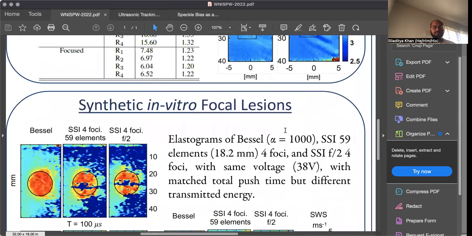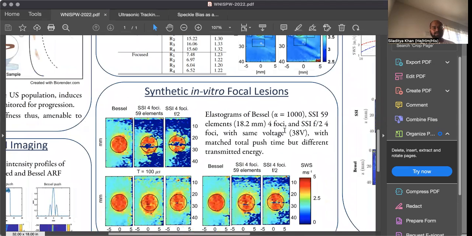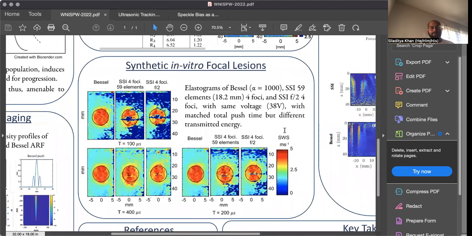We also performed experiments on in vitro focal lesions that have been generated by mismatched elastic heterogeneity in a homogeneous medium.